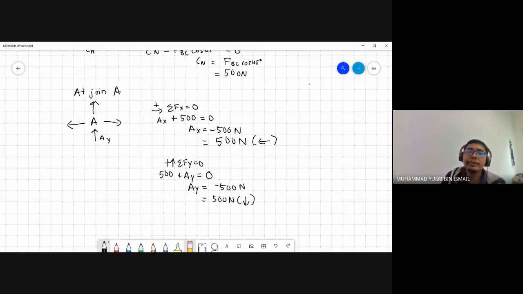Okay. So a little bit of tips on how you are able to check whether your answer is right or wrong. You must make sure that the summation at all of the joints is equal to 0. Why is it equal to 0? Because the summation of all of the forces must be equal to 0.